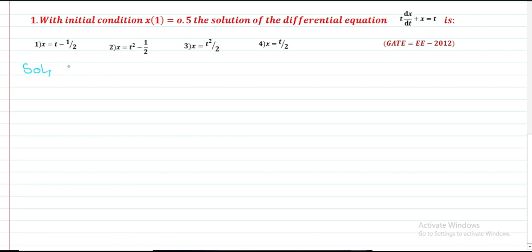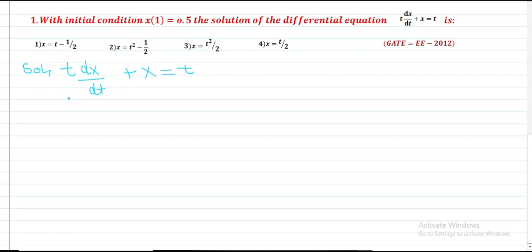Given t dx/dt + x = t. Now in order to bring it in general form, we have to make the coefficient of dx/dt unity. But here it is t.